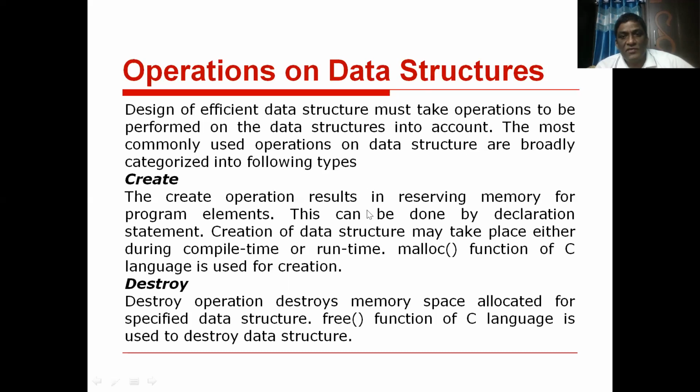And if you want to create the same array using dynamic memory allocation at runtime, in C language we will be using the malloc function, or in C++ there is another keyword new, or in Java again the keyword new. Depending on the corresponding programming language, the creation process may vary, but you need to create the data structure properly, either at compile time or at runtime.